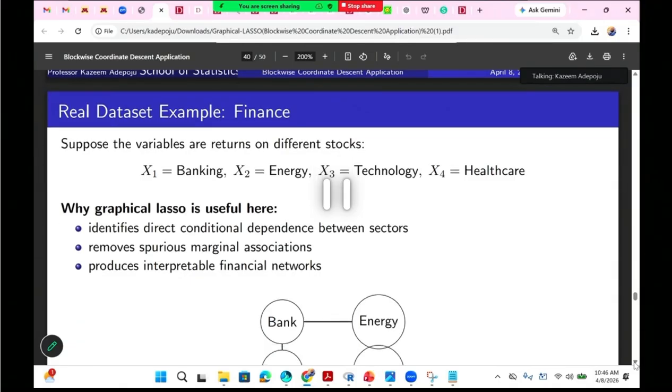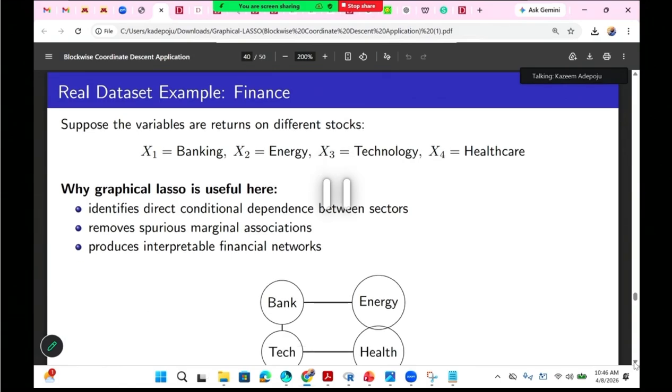Okay, I want to go into more examples where graphical lasso can be used. The graphical lasso can be used in finance. It can be used in brain networks. It can be used in gene expression. Anything that involves networking, so pay attention.